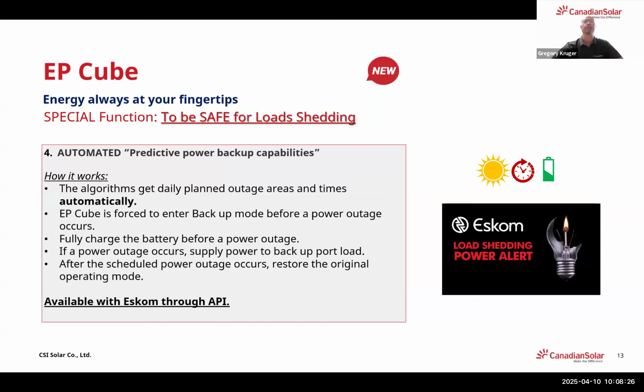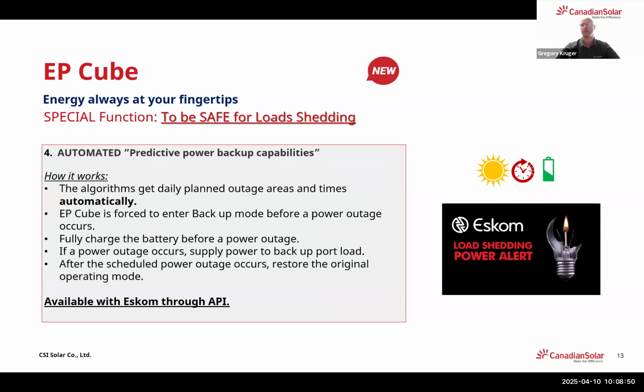The EP Cube has a functionality that comes standard with all of the EP Cubes that are being sold in South Africa. It is linked to the Eskom app. So it is a predictive power backup capability. What that means is that it looks at any planned outages, and then the system will automatically go into backup mode and charge your batteries full.